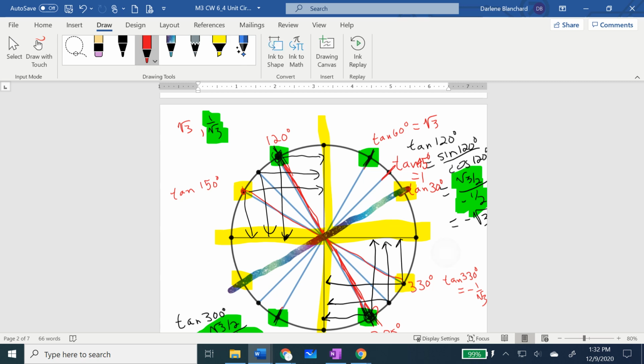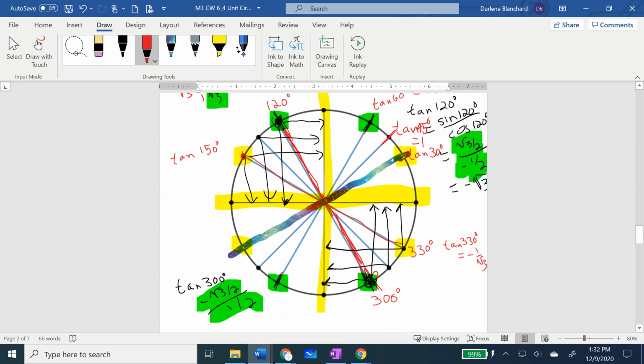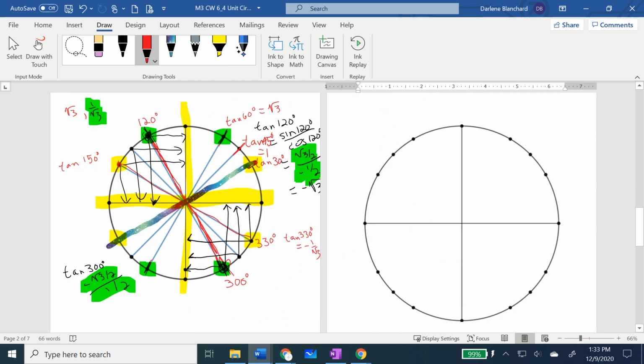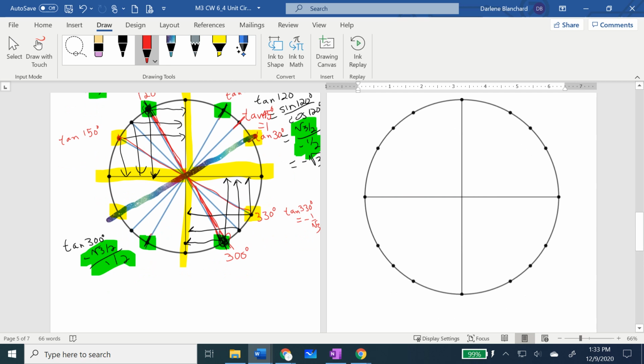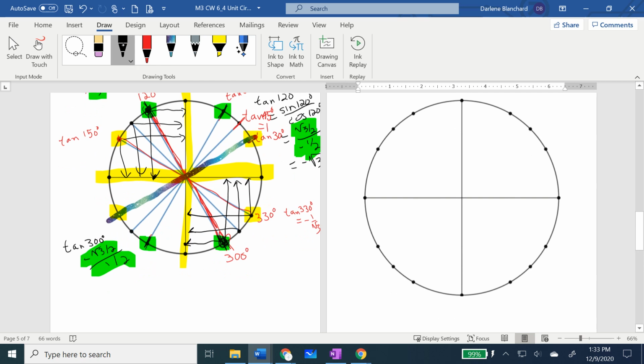That means if I ask you what is the tangent of 90 degrees, the line that goes through the origin has an undefined slope. Tangent is undefined at 90 degrees.